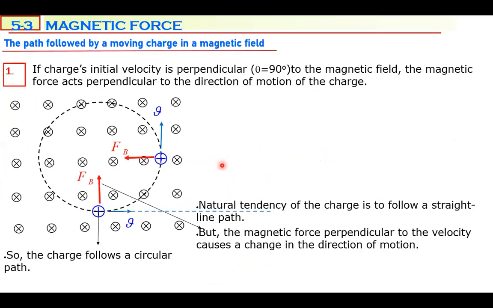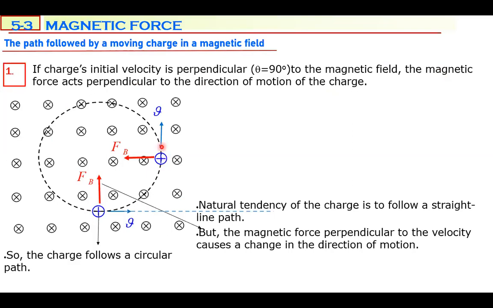And if a particle is moving inside a magnetic field, this particle will follow a circular path. If the charge's initial velocity is perpendicular, 90 degrees, to the magnetic field, the magnetic force acts perpendicular to the direction of the motion of the charged particle. So it is moving like this, but the force is acting perpendicular.